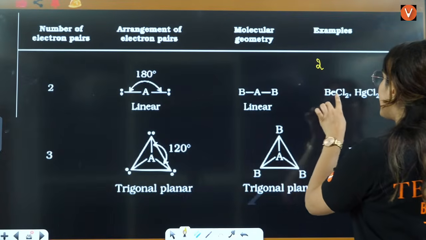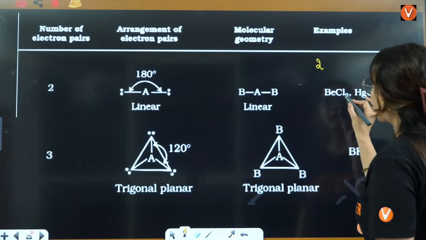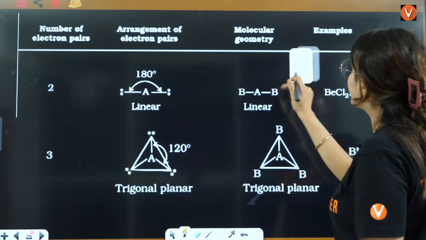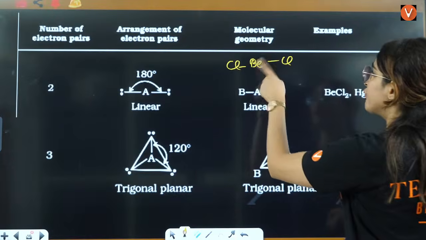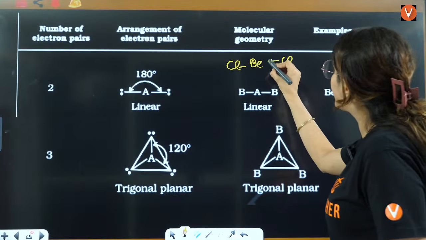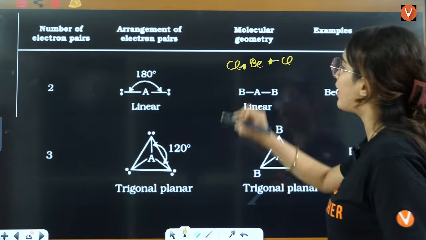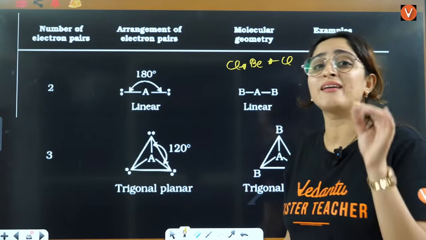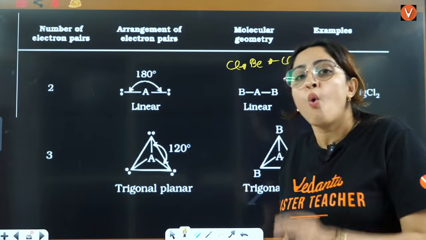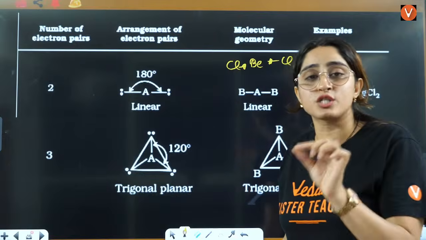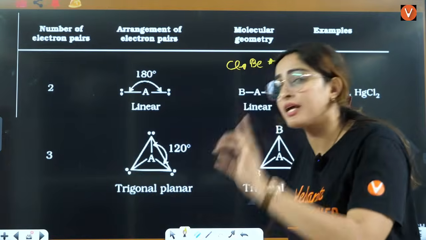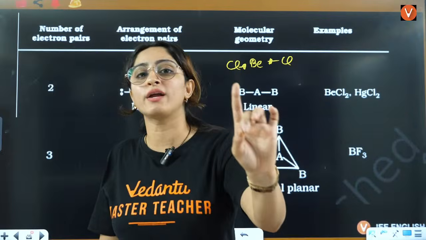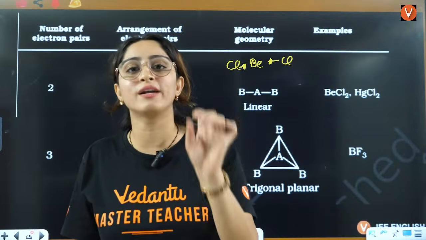And if you see, it is BeCl2. That means with chlorine, it is definitely forming 2 bond pairs. Here 1 electron is consumed, here 1 electron is consumed. And we know that in the bond formation, only the outermost valence electrons are involved. The inner core electrons are not involved in the bond formation.